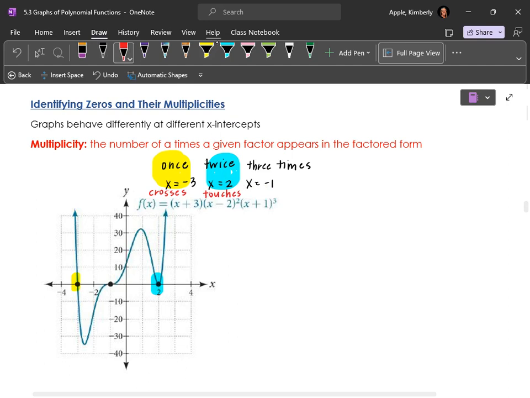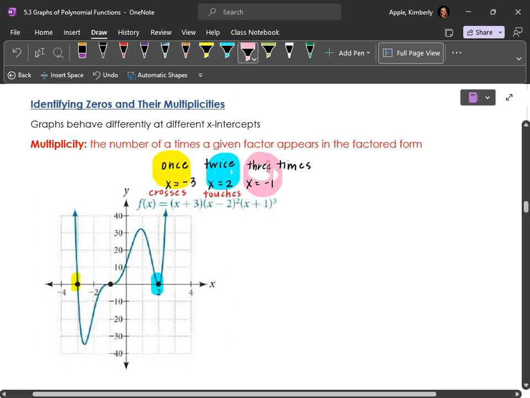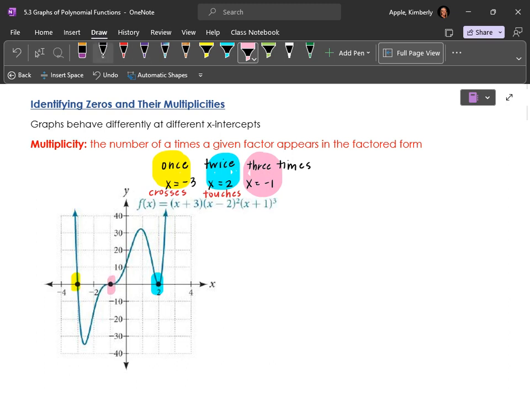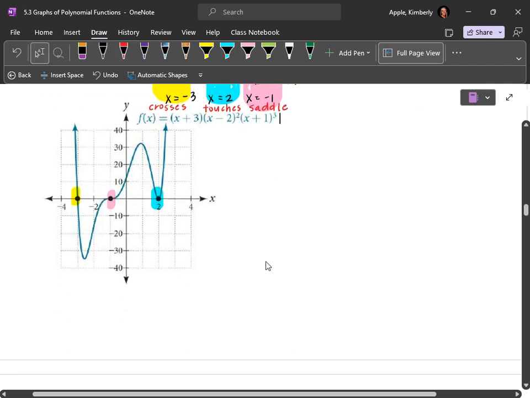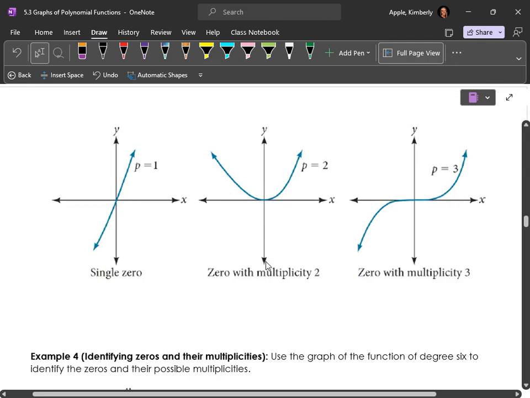And then here at 3 times, that occurs at negative 1. Notice that we have this cubic looking behavior, and for me, that's called a saddle point. So we have this saddle where it kind of evens out. That's going to help us later in looking at the graph and figuring out what its equation is. And so again, here's some more information. This is a single 0, power of 1. A 0 that has multiplicity 2 bounces off, and the 0 with multiplicity 3 does have this saddle looking behavior.